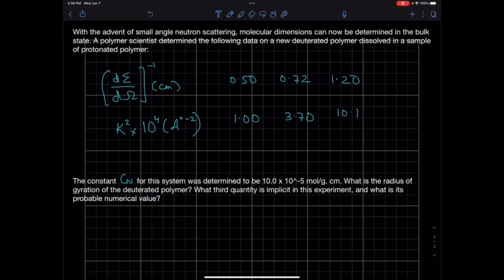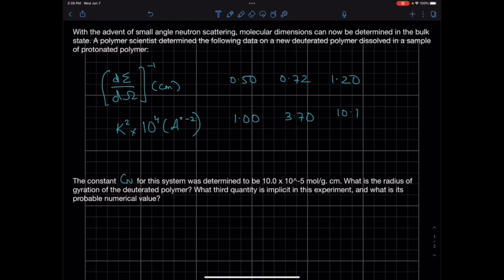With the advent of small angle neutron scattering, molecular dimensions can now be determined in the bulk state. A polymer scientist determined the following data on a new deuterated polymer dissolved in a sample of protonated polymer. The values of d sigma by d omega to the negative 1 are given, and k squared times 10 to the power 4 Armstrong to the negative 2 are given.